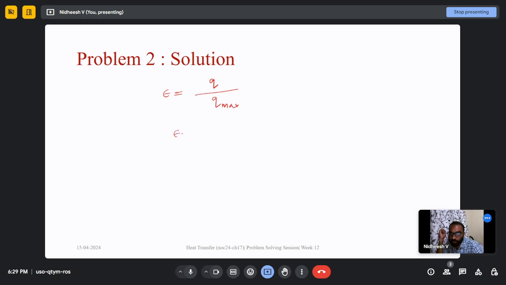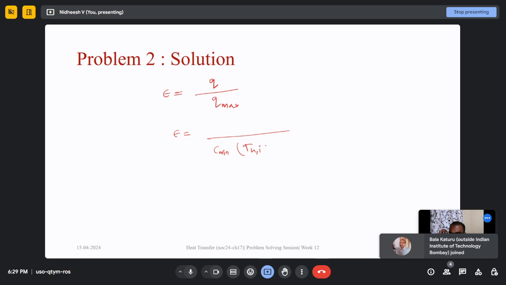The maximum possible heat transfer rate is the product of the minimum heat capacity and the temperature of the hot fluid at the inlet minus the temperature of the cold fluid at the inlet. This is the definition for Qmax.